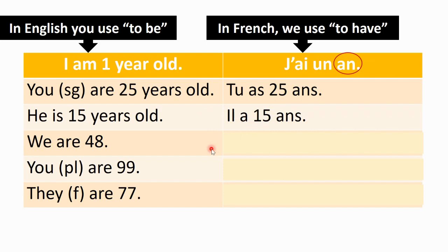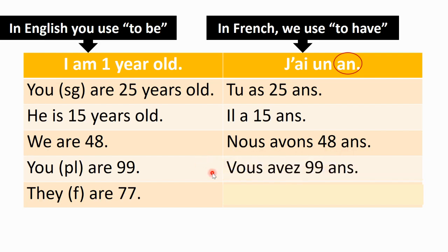We are 48. In English, you don't have the words years old, but in French, you cannot drop it. Nous avons 48 ans. You are 99. Vous avez 99 ans. They are 77. Ils ont 77 ans.